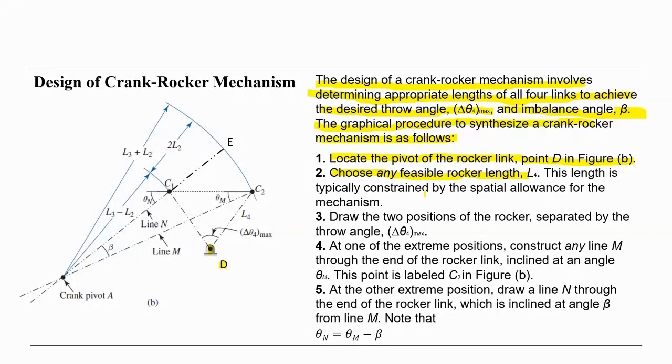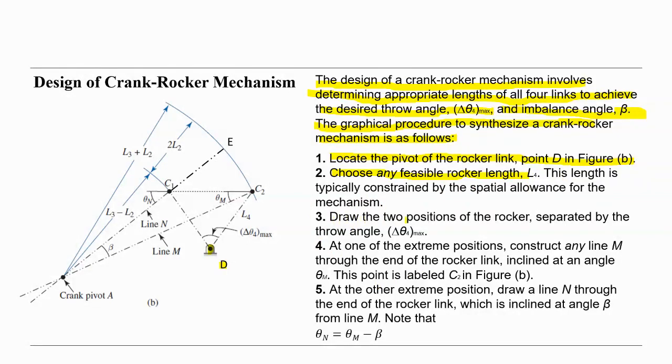So there are also some constraints from the machine side, and this length is typically affected by the place given by the machines.